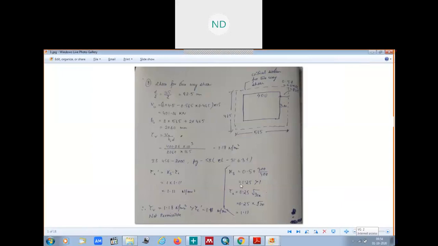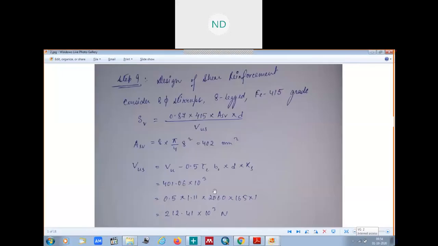Ks was 1, which we had considered to be 1 because it was greater than 1.211. Then what is remaining?